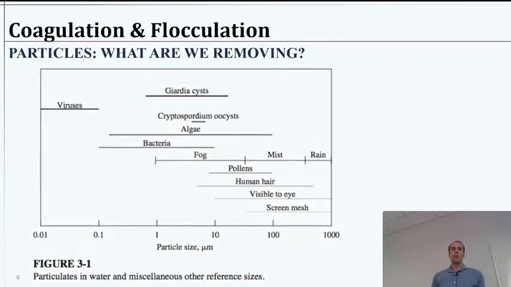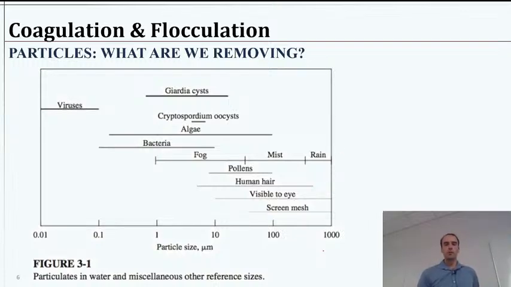Okay, so let's talk for a moment about what we are actually removing when we use sedimentation, and what it is going to require to, let's say, remove bacteria or viruses or things like that. So we have a particle size chart here for some things, some of which you should be pretty familiar with. You might look at rain droplets and say, oh, those are like a millimeter or less, right?